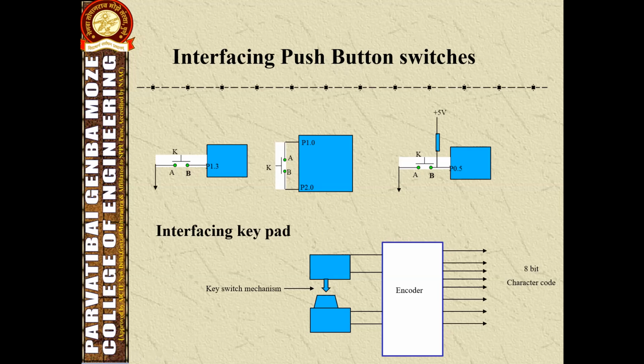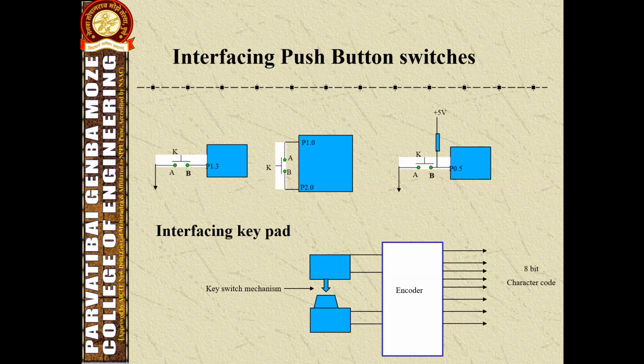When the port pin P1.3 is read as input, it is high. This is because the 8051 ports P1, P2 and P3 have internal pull-up resistors.